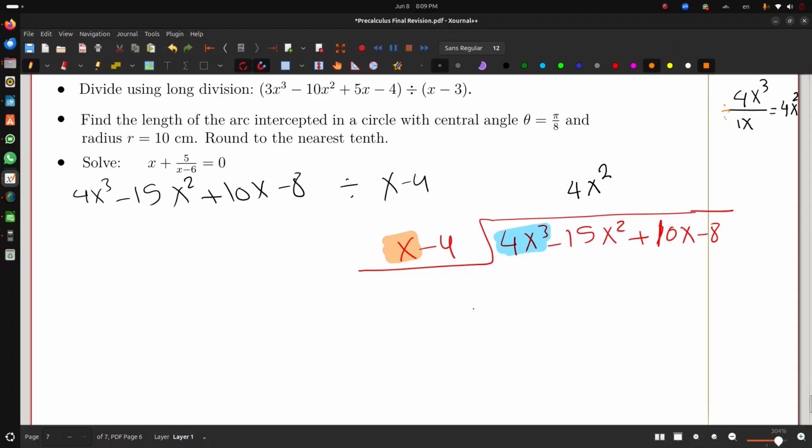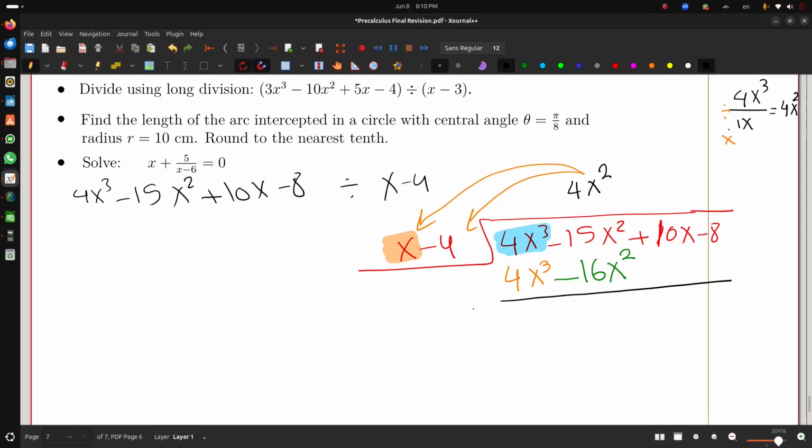And then you start to multiply. So after division, multiply. We will multiply the result by this one and this one. When you multiply by the first term, you will get the same answer, which is 4x power 3, but when you multiply by negative 4, it will be negative 16x power 2. Okay, now we're going to subtract.